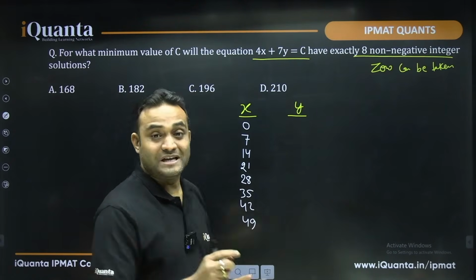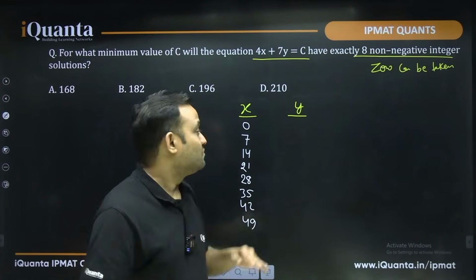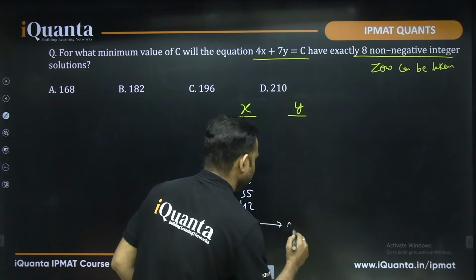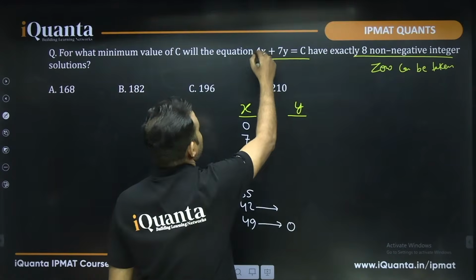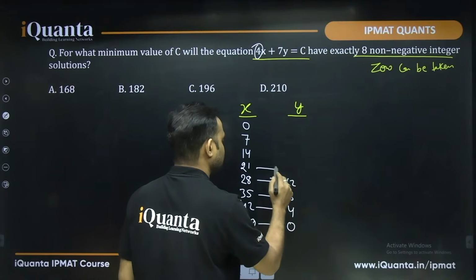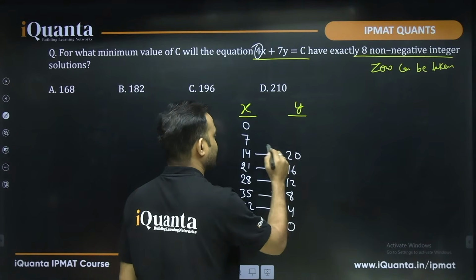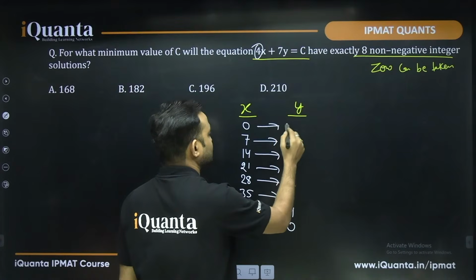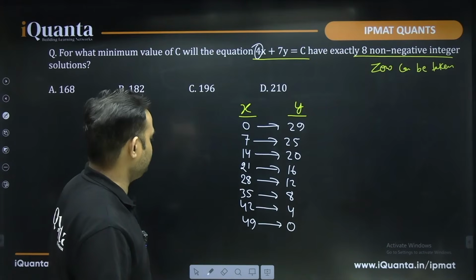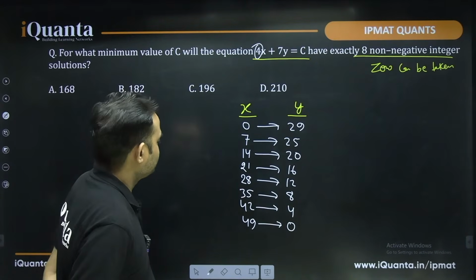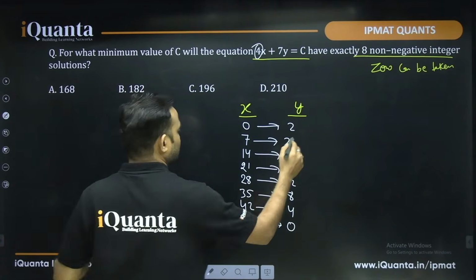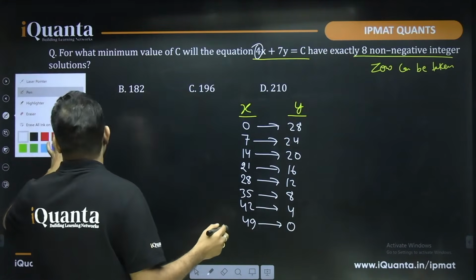Now, what could be the least value of y that can be taken? When x is maximum, y will be minimum. Minimum value of y that I can take is 0. If this is 0, next value will be increasing by 4. So 4, 8, 12, 16, 20, 25, 29. सही है ना? देखो तो 4 से इंक्रीज हो रहा है ना. कुछ गलत हो गया, मैंने 5 क्यों ले लिया? 24 and 28, right?